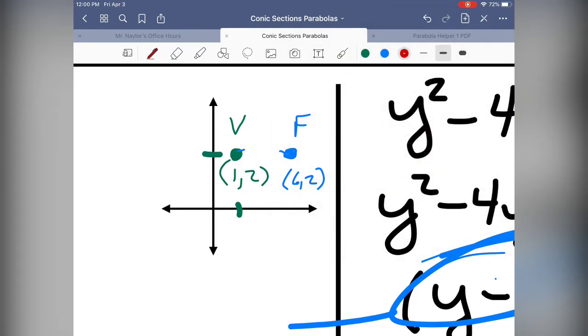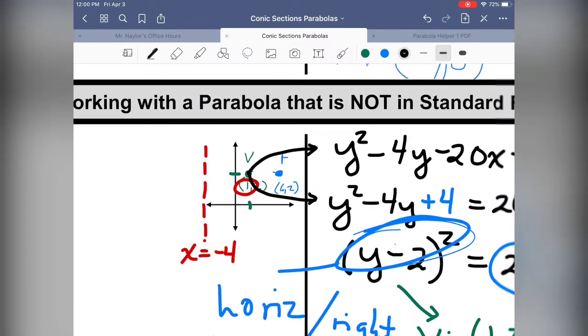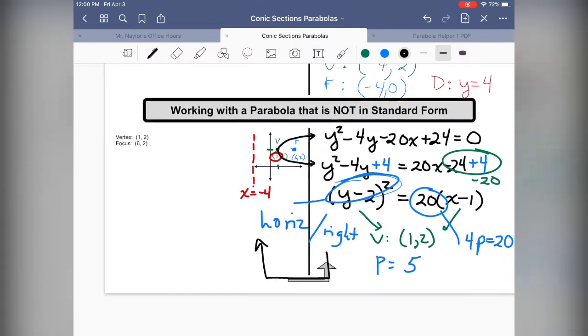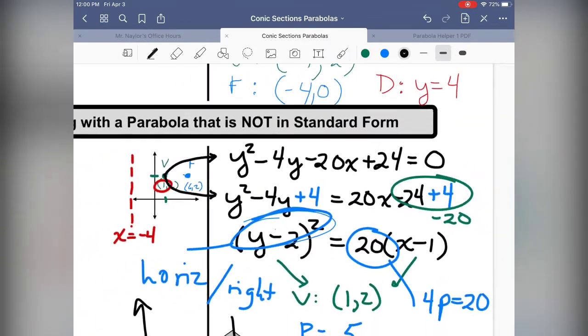Your directrix, we know that it's also 5 units, just going to be 5 units the other way. Make sure you're going 5 units from x, so that should get us at negative 4. And if we draw the parabola, it indeed is a parabola that opens to the right and matches with that equation. All right, so we completed the square.